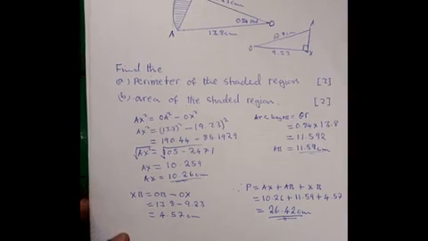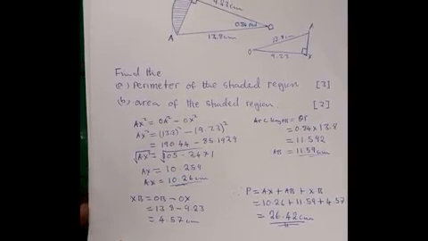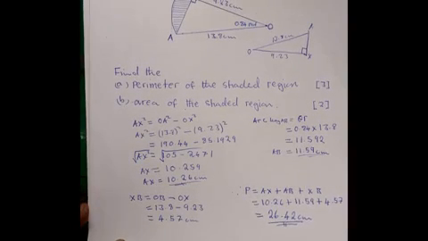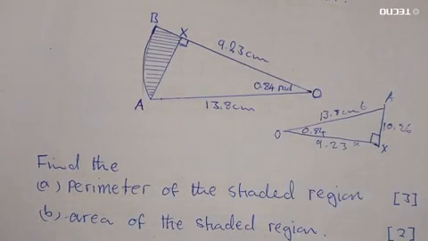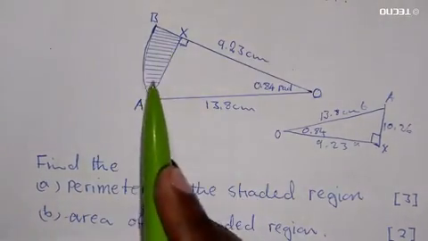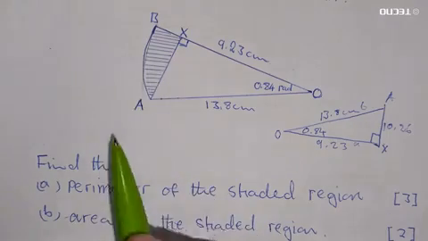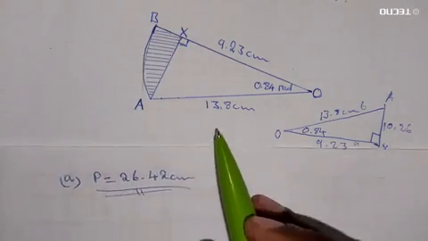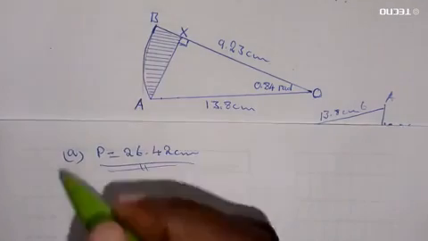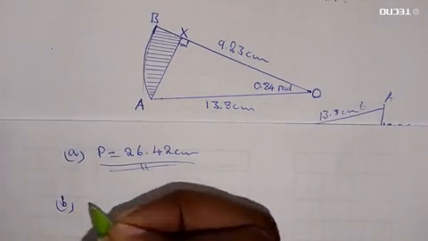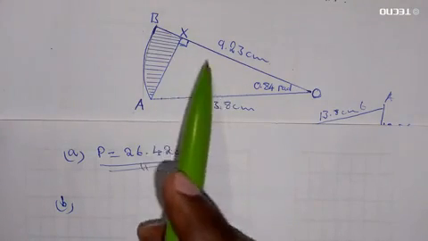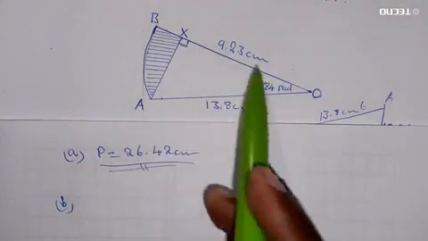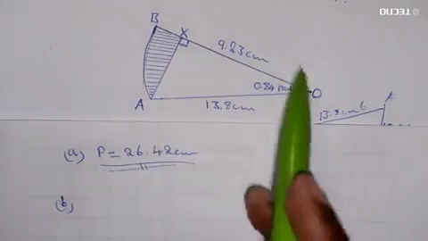So now let's find the area of the shaded part, the area of the shaded region. The next question here is to calculate the area of the shaded region, which is this part. So how are we going to calculate it? We just write the formula. There is an arc here, so there is an area of a sector, this sector.